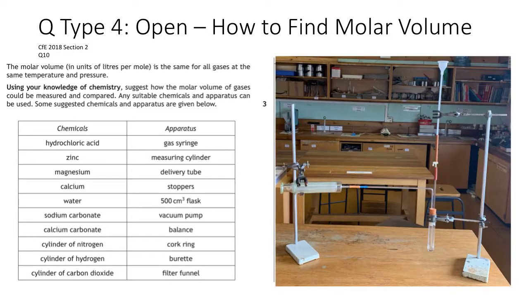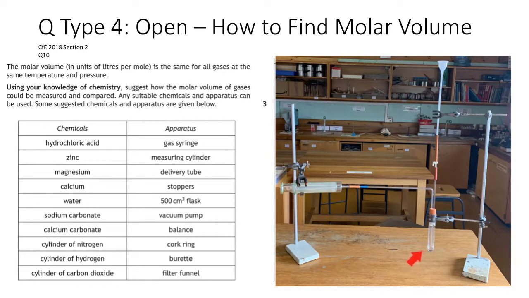Here's an example of equipment that I've used with students before to measure molar volume of gases. And I'm hoping it shows up okay on the video here. It looks quite complicated, but I'm going to talk you through the different parts of it.